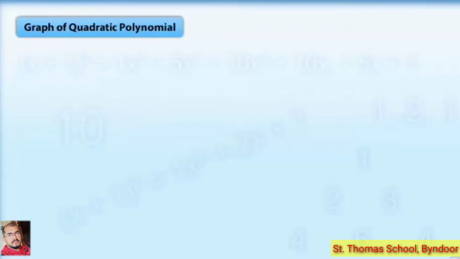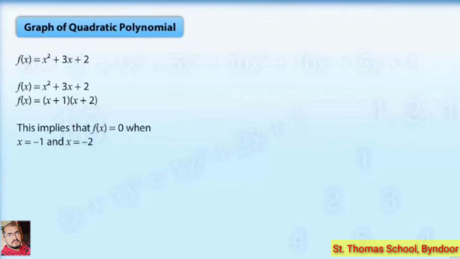Let us see another graph of a quadratic polynomial. f(x) = x² + 3x + 2 is a quadratic polynomial of degree 2. f(x) = (x + 1) multiplied by (x + 2). This implies that f(x) is equal to 0 when x = -1 and x = -2.